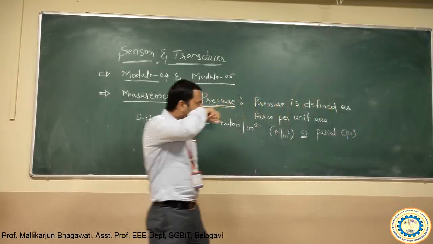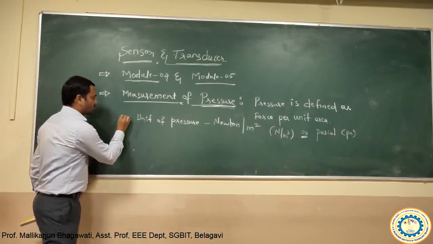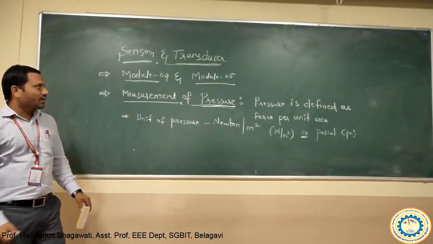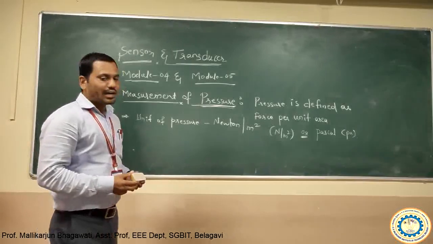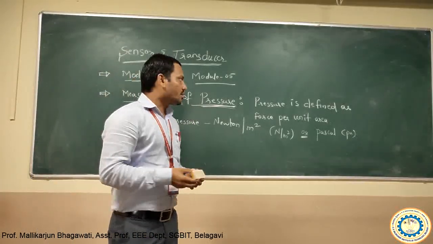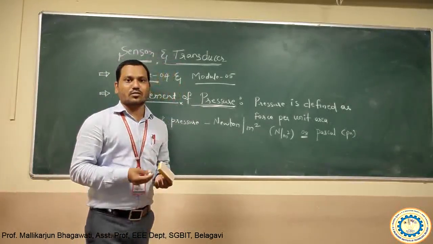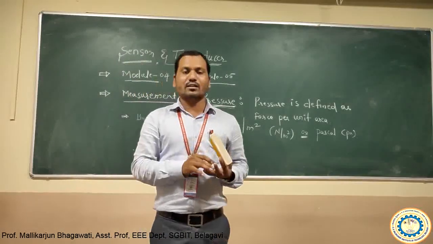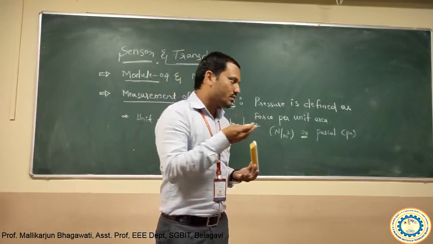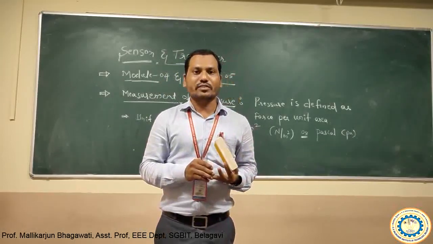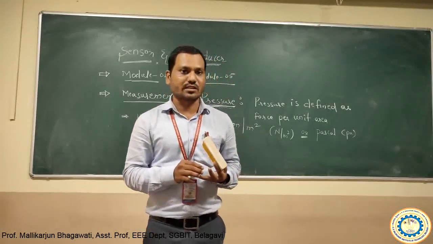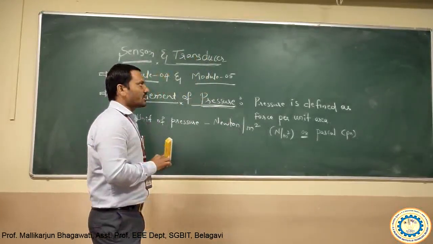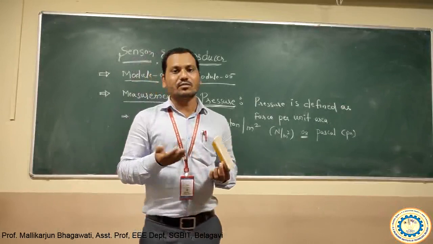This is the unit of pressure. Normally, when we study pressure, we first study the atmospheric pressure, since we are living in the atmosphere, and its definition. Atmospheric pressure is usually studied at sea level.